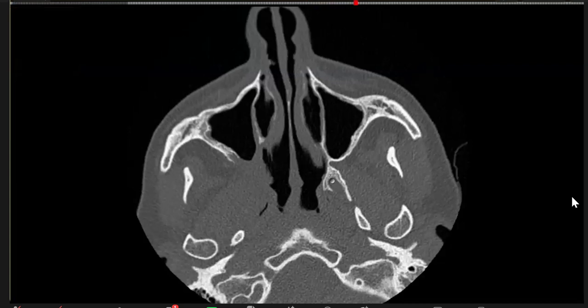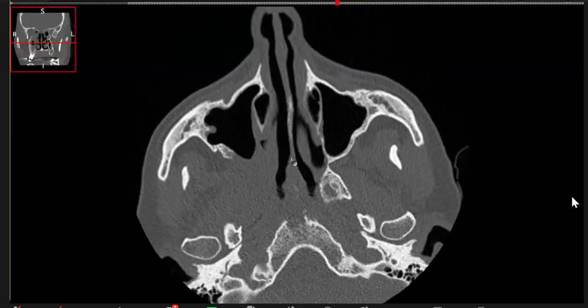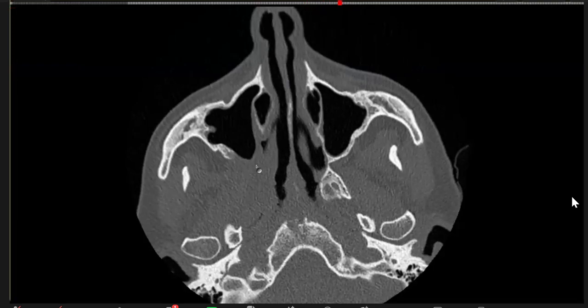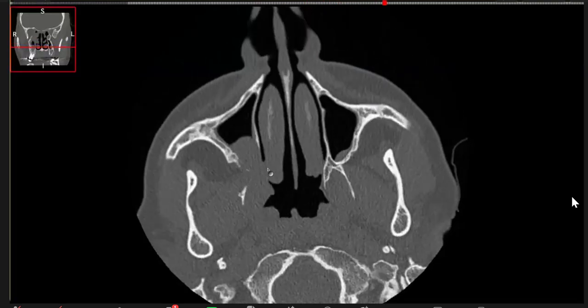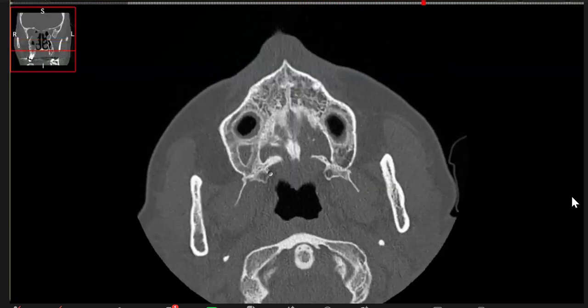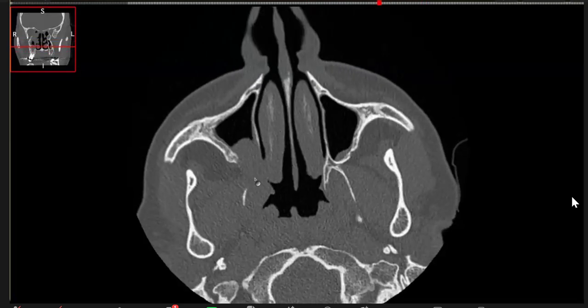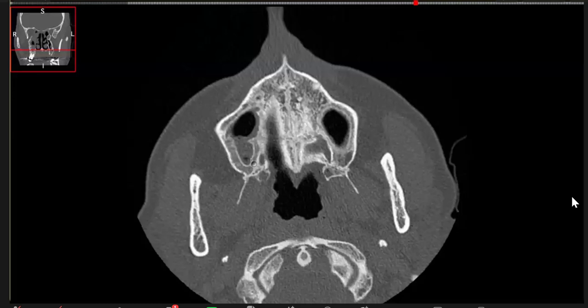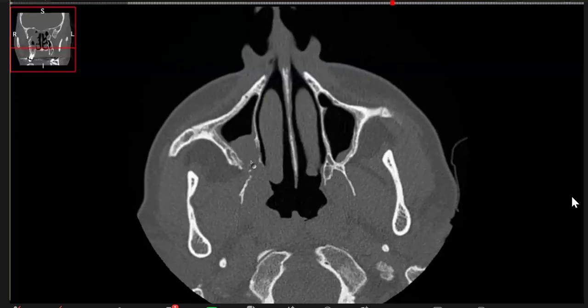This is the lateral and this is medial. And this is the maxillary sinus. Here, you can see that the maxillary sinus posterior wall is gone, and the plates are also eroded, eaten up by the lesion. So it goes here into the maxillary sinus also.